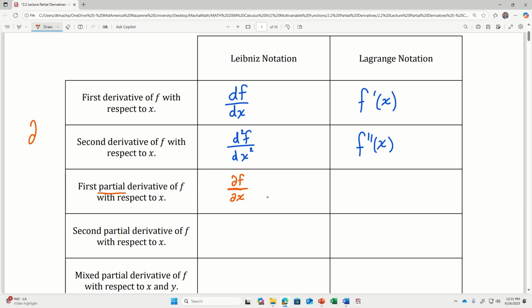In Lagrange notation, if I want to take a function f of, perhaps, multiple variables like x, y, and z, and I want to take a partial derivative of this function with respect to x, I would write a tiny little subscript x there.